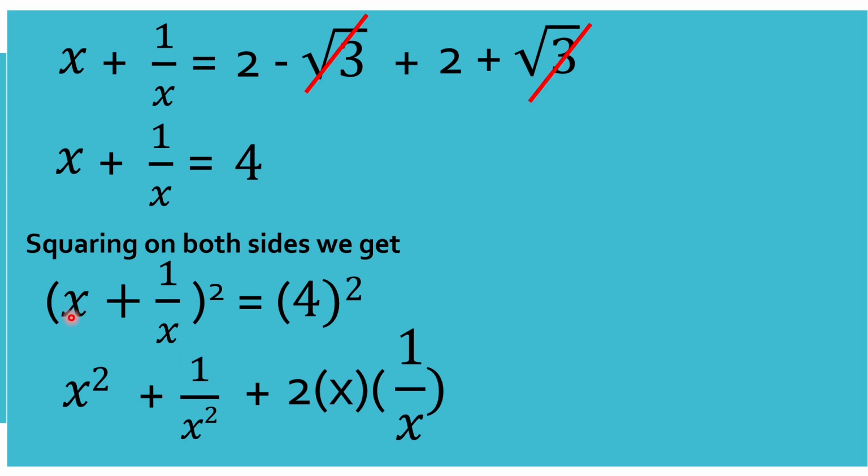Here we have a equal to x and b equal to 1 over x, and this equals 4 squared, and 4 squared equals 16. Now this x and 1 over x will cancel each other. So finally we have x squared plus 1 over x squared plus 2 equals 16.